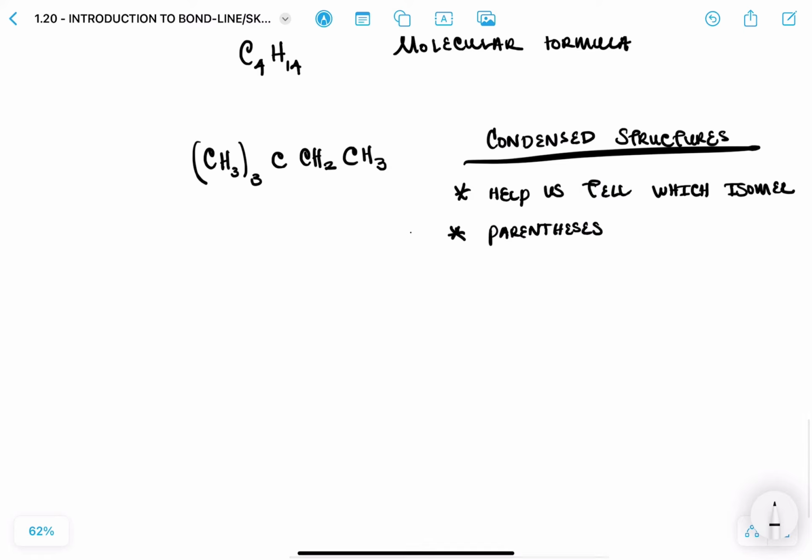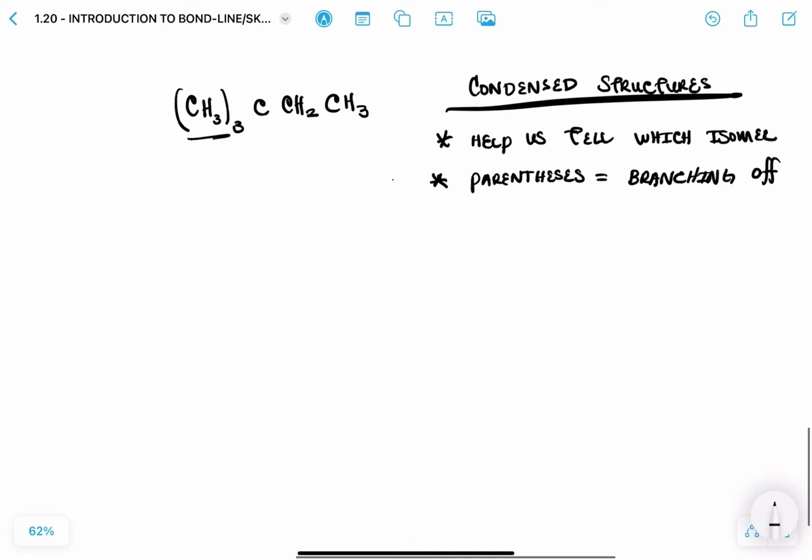That means that we have essentially a branching. So anything that's in parentheses is essentially branching off. So these 3 CH groups are branching off the main parent chain. We'll show that here in a second. The next thing is that non-parentheses mean they're in the parent chain.